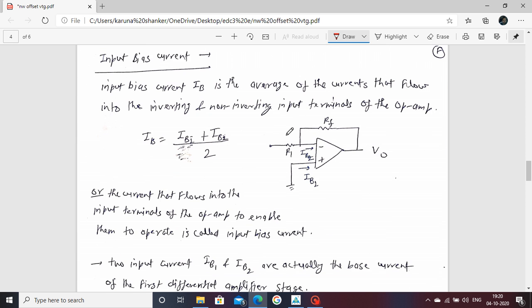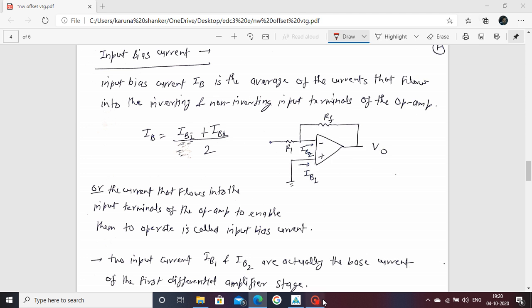Okay, next we move to input bias current. Input bias current IB is the average current that flows into the inverting and non-inverting input terminals of the op-amp. That is, the average of the currents flowing into the inverting and non-inverting terminals is called input bias current. You can describe it through this circuit.